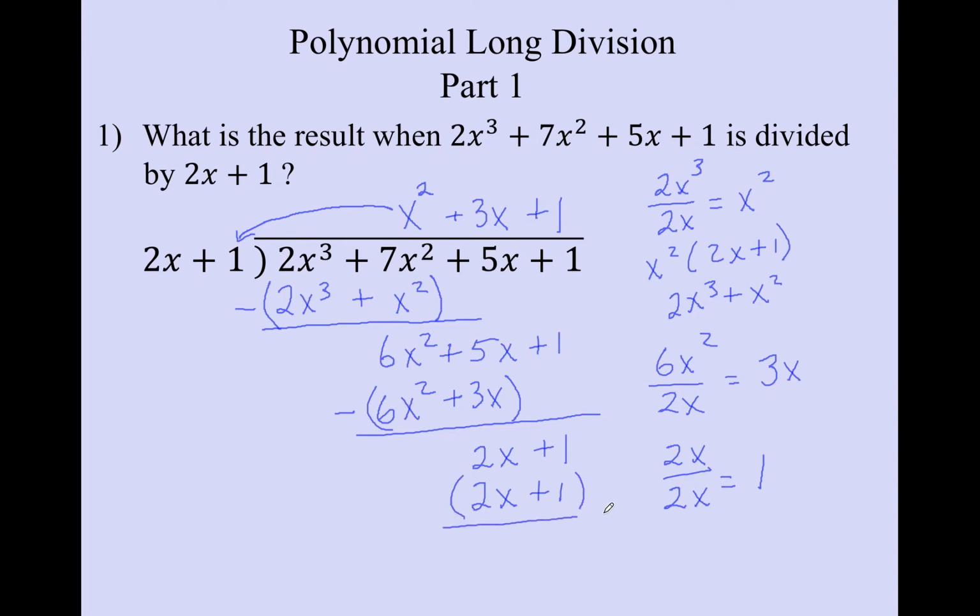Okay, draw your line, put your parentheses, put the subtraction. 2x minus 2x is 0. 1 minus 1 is 0. So my answer is x squared plus 3x plus 1. That's our quotient. 0 is our remainder. So our answer, the solution, is x squared plus 3x plus 1.